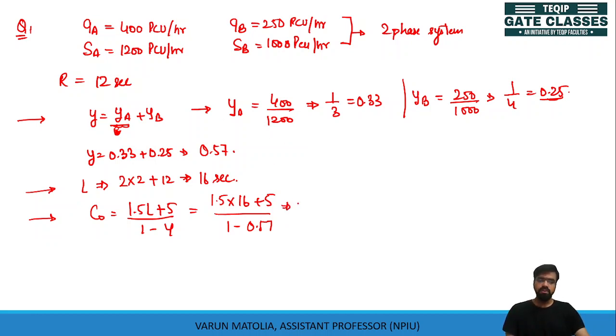Cycle time is coming out to be 67.44 seconds. Let us calculate the green time for direction A. Green time for direction A is the proportion of traffic moving from direction A, divided by the total value, and the cycle time minus the lost time.